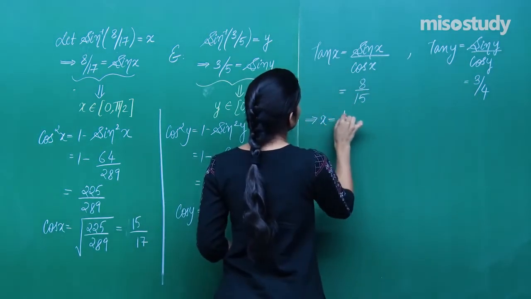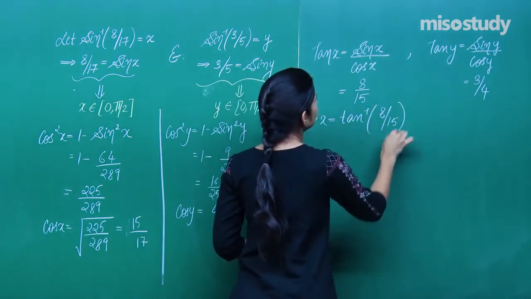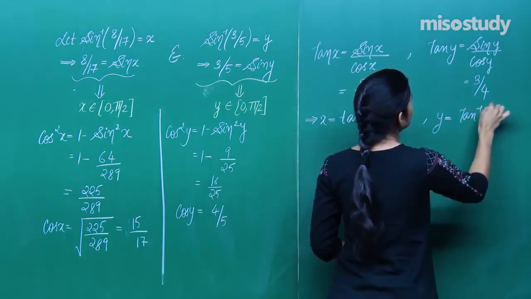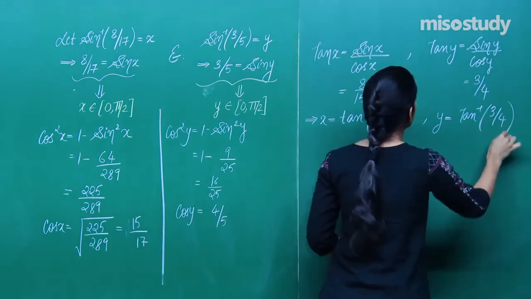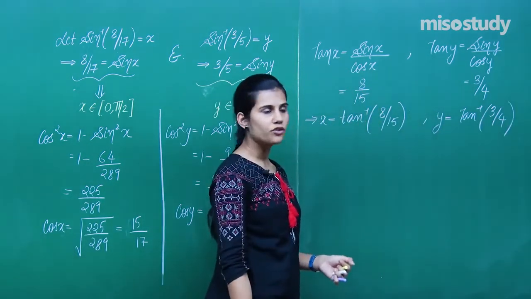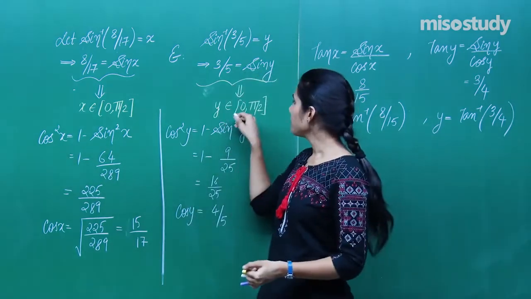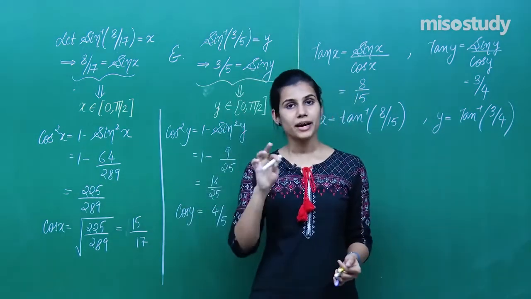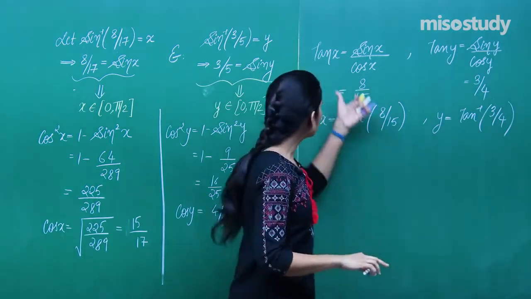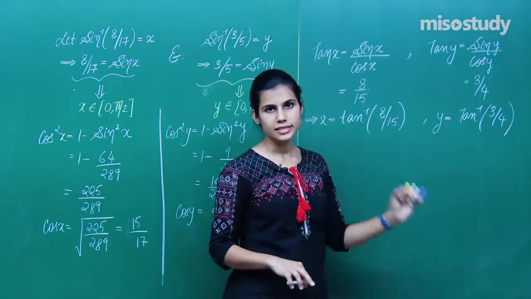So x will be equal to tan inverse 8 by 15 and y will be equal to tan inverse 3 by 4, because 8 by 15 and 3 by 4 lie in the collection of all reals, which is the domain of tan inverse, and x and y are actually lying in 0 comma pi by 2, which is clearly contained in the open interval minus pi by 2 to pi by 2, which is the range of tan inverse. And therefore going from here to here is a valid step.